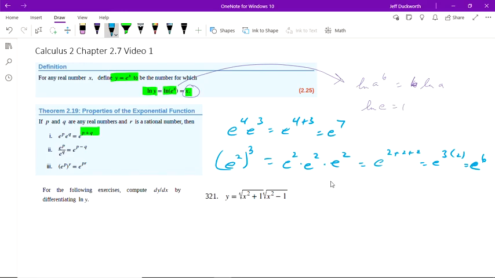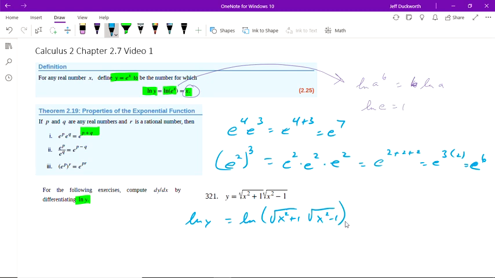All right, so I've got a question down here that is going to deal with essentially implicit differentiation, because we want to be differentiating ln of y. So if you recall from when you learned implicit in Calculus 1, we take the natural log of each side: ln of y equals ln of root x squared plus 1 times root x squared minus 1.